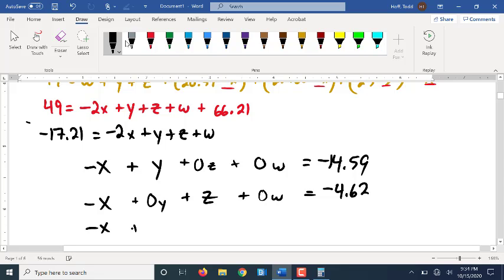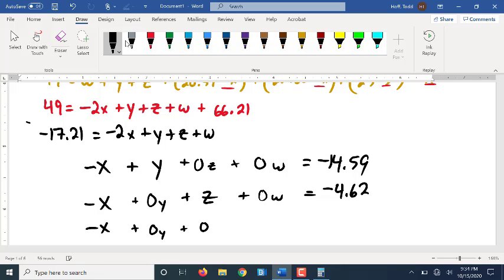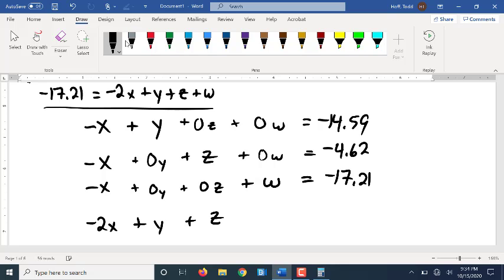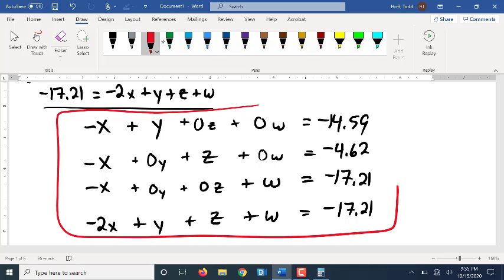Negative x plus 0y plus 0z plus 1w equals a negative 17.21. And finally, this last equation right here, negative 2x plus y plus z plus w, it also equals negative 17.21. This seems like a really ugly system of equations, and it is, it's 4 variables.